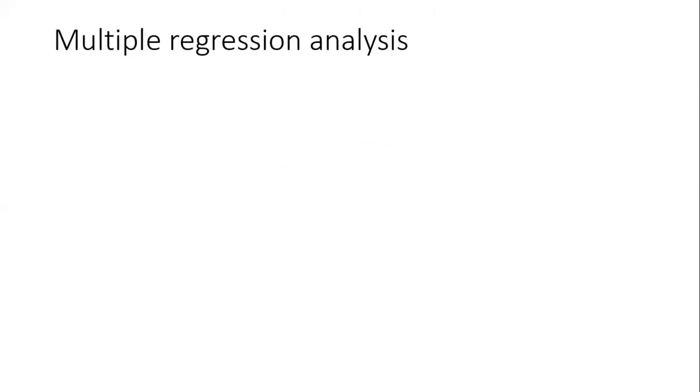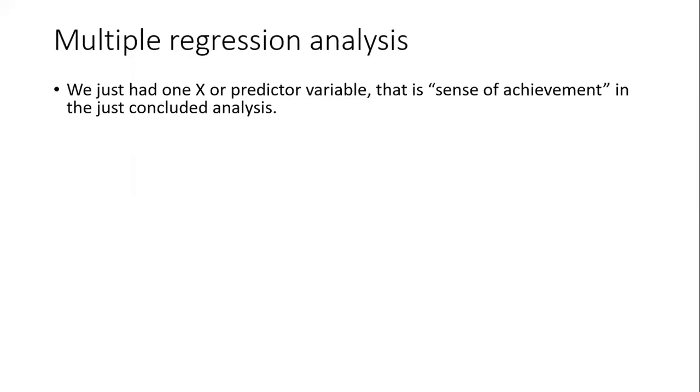All right. Now, from there on, we move on to a situation where we don't have just two variables like sense of achievement as the predictor variable and well-being as the criterion variable. We may have more than two such variables. In the previous case, we had one predictor variable, that is sense of achievement.